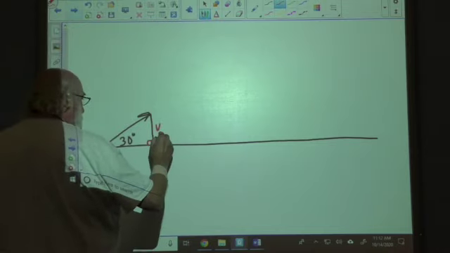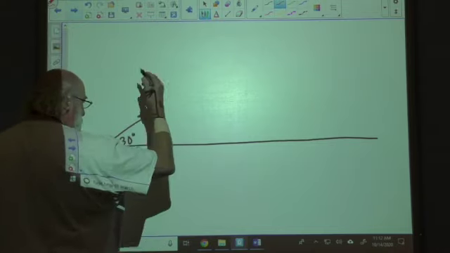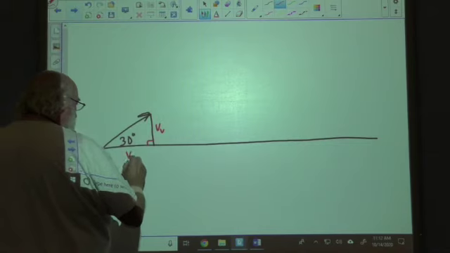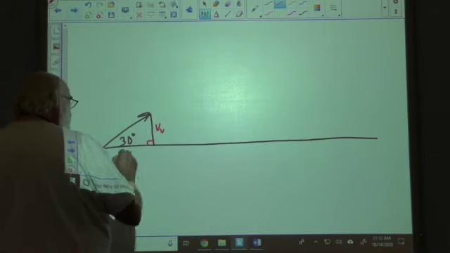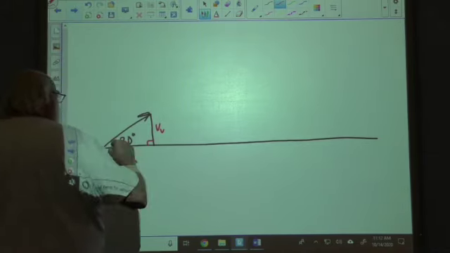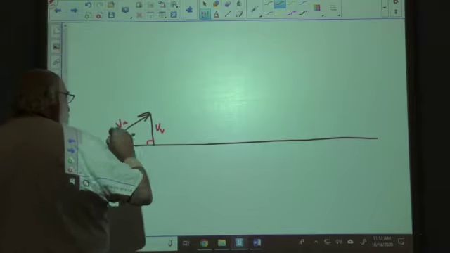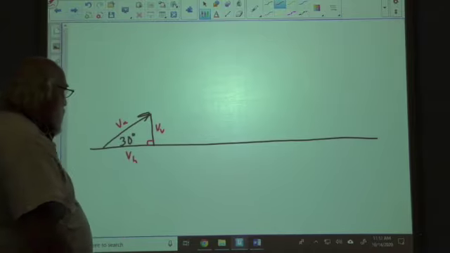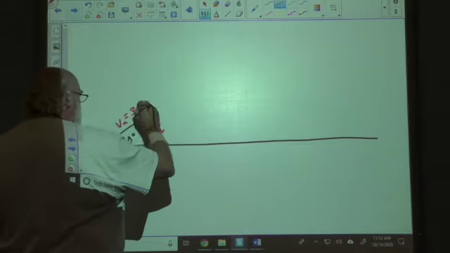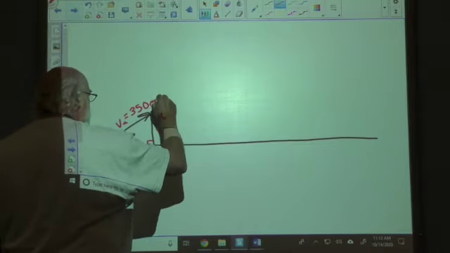This is VV, the vertical velocity. This is VH, the horizontal velocity. And this is VA, the actual velocity that it's taking off, which we said is 350 meters per second.